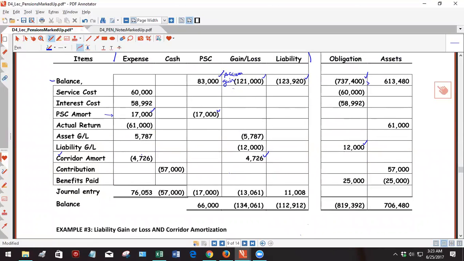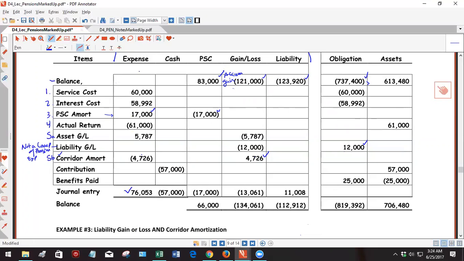Once again, we went through 1, 2, 3, 4, 5A and 5B components of pension expense, and liability gain or loss is not a component of pension expense, but corridor amortization is. So you add all these up and you get your pension expense.